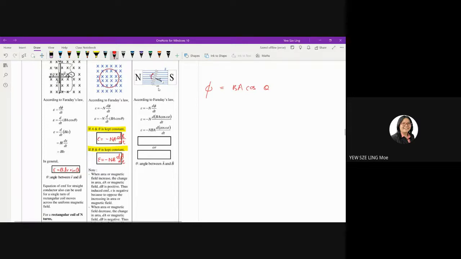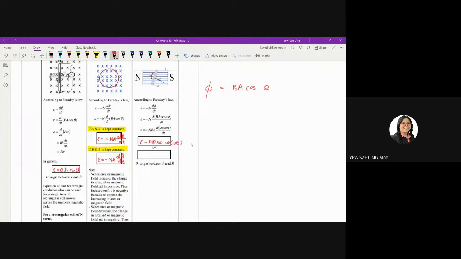If you change the angle, then you have a rotating coil. For a rotating coil, if you derive the equations, eventually you will obtain EMF equals NBA omega sine omega t.